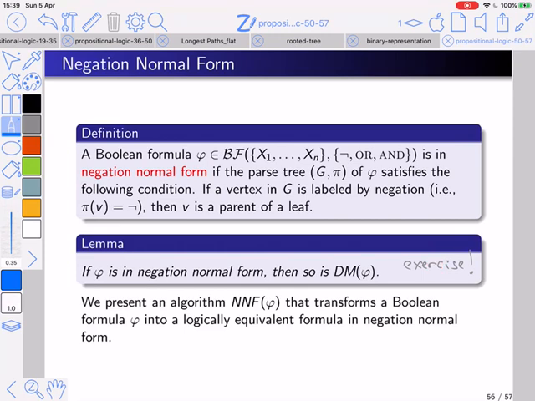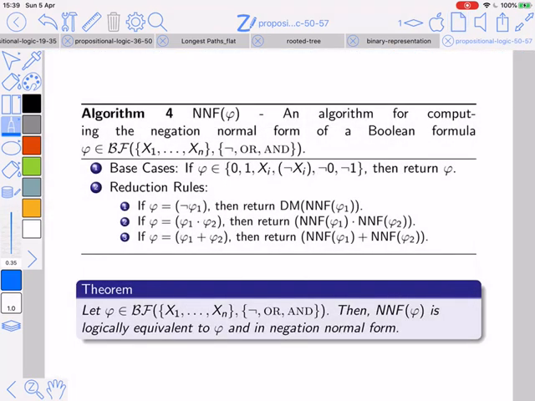Our goal is to present an algorithm, which we denote by NNF, that transforms a Boolean formula into a logically equivalent formula which is in negation normal form. So the input, phi, to the algorithm NNF is a Boolean formula that uses the logical connectives not, or, and.